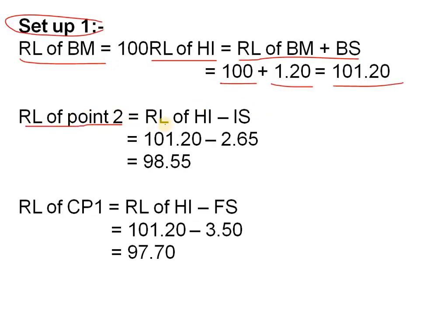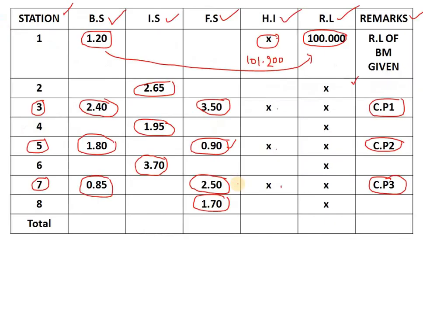RL of point 2 is equal to RL of HI minus IS. IS means intermediate sight. So how much did we get? 101.20 is known as HI, and the IS given is 2.65, then we will get 98.55.